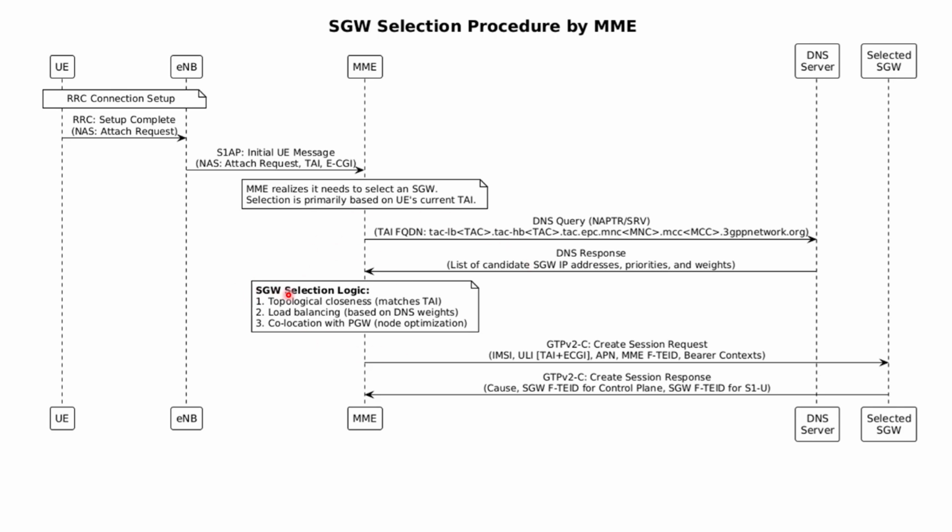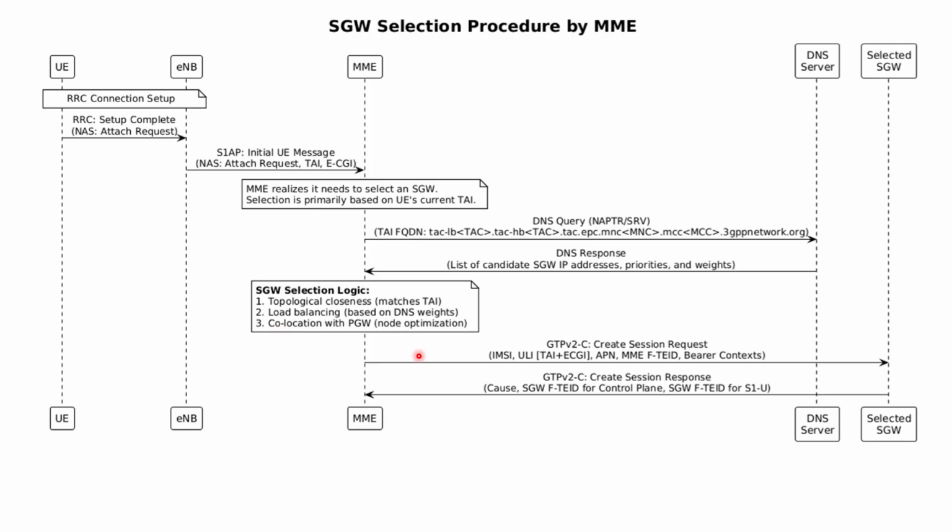Once the MME has the candidate list, it applies the following logic to select a gateway. First, the MME prioritizes S gateways that are geographically or logically closest to the UE's current tracking area identity to minimize backhaul latency.